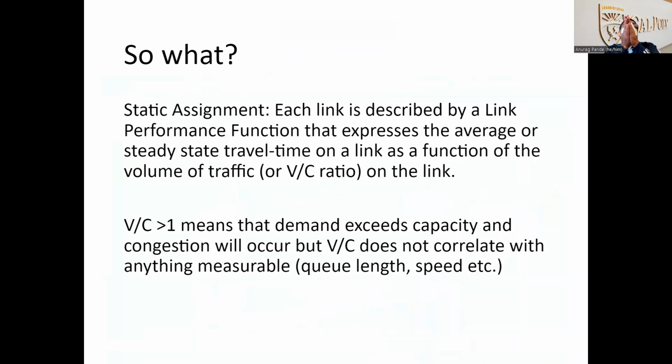So at V by C, let's say 1.1, two very similar links, or the same link on the same day when the demand is 110% of the capacity, the queue lengths could be wildly different. The delay, the travel time could be wildly different. You just don't know. Because as I showed you in that real data, the dots were all over the place.